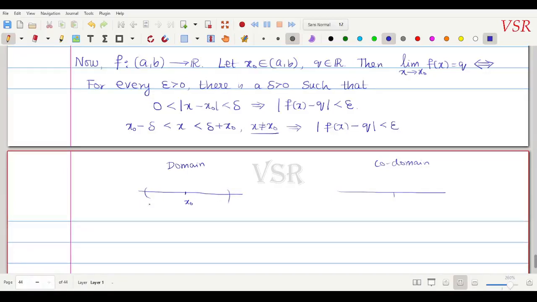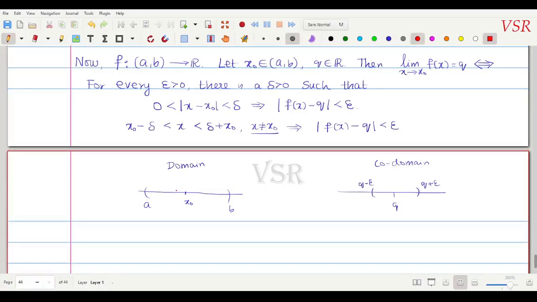Take a point x naught here, and this point is q. So this is the given epsilon. Here q plus epsilon and this is q minus epsilon. So epsilon is given. Then we can find a delta positive.